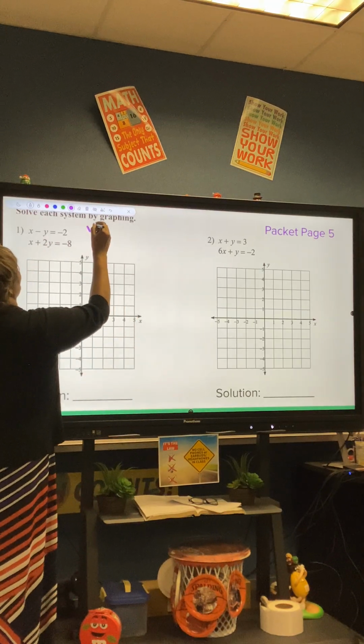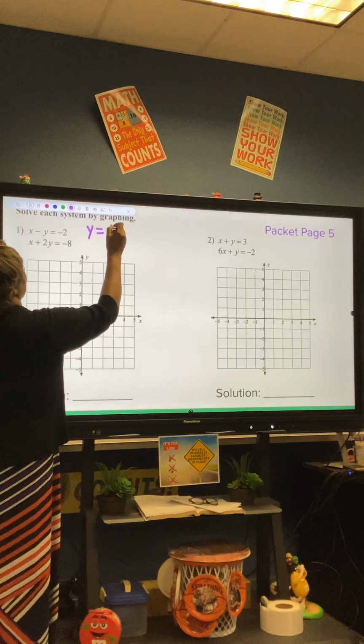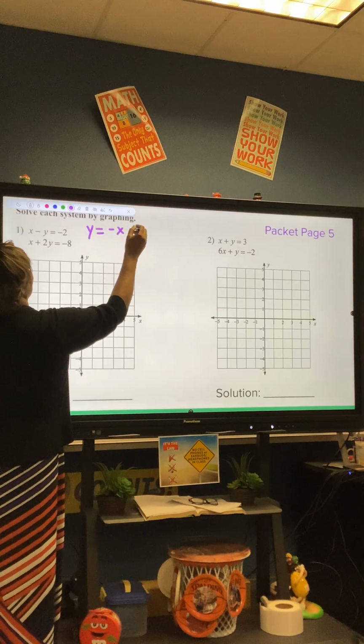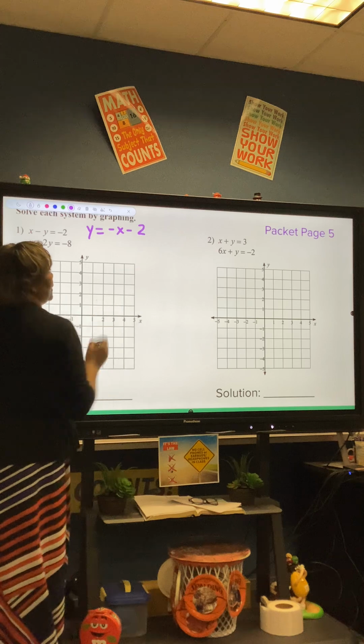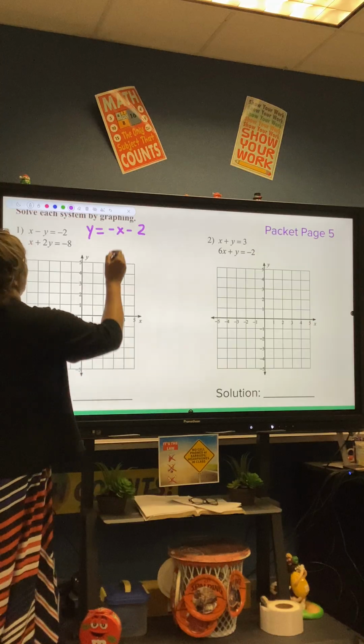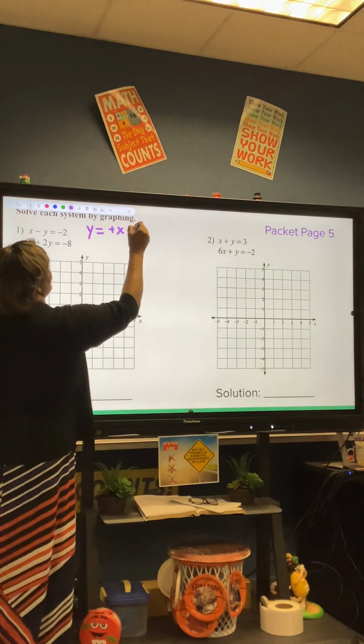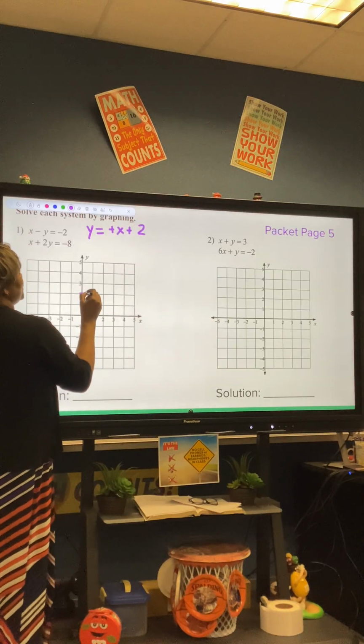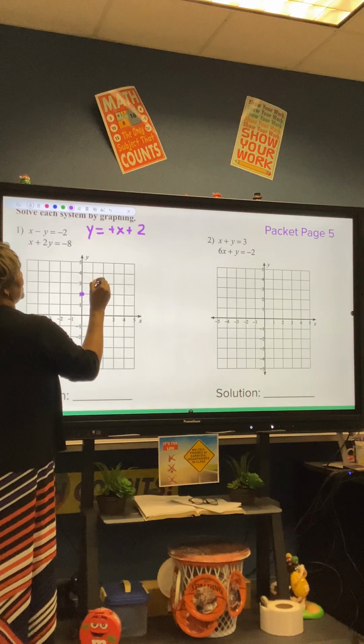First one was y equals what? Negative x plus 2? Negative x minus 2? Start at positive 2, go up 1 over 1.